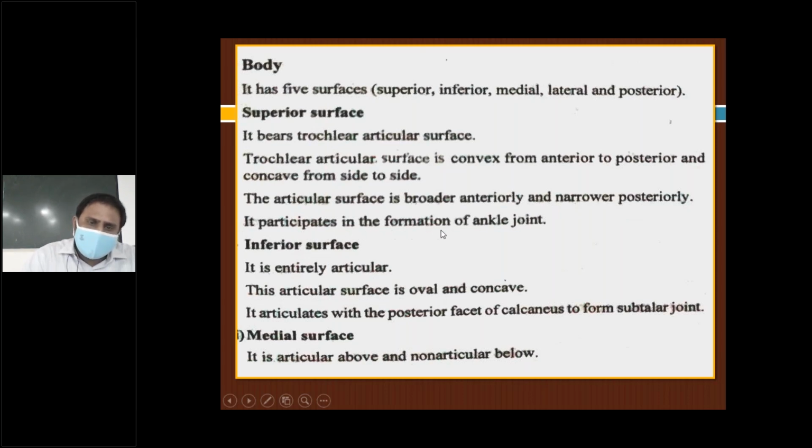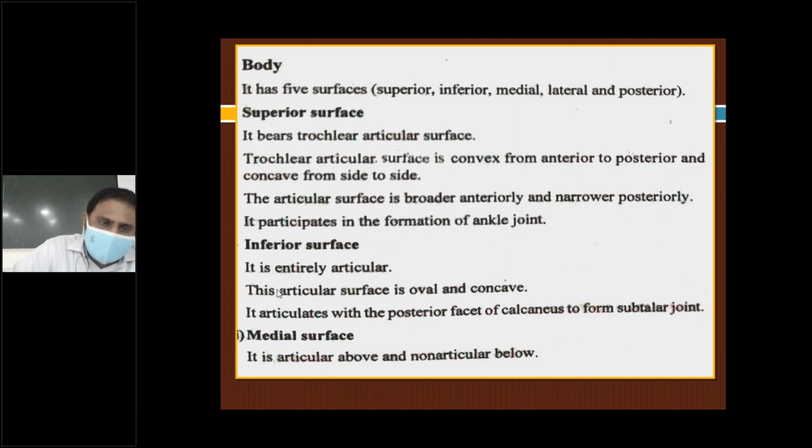It participates in the formation of the ankle joint, with two sides, for the medial malleolus and the lateral malleolus.